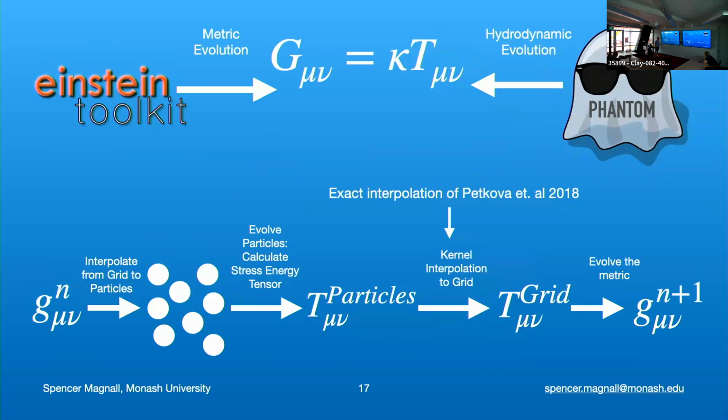In order to do this, I need to get some metric quantities, in this case the metrics themselves and the metric derivatives, onto the particles in Phantom. So I do this by interpolating, and then after the interpolation we can evolve the equations of hydrodynamics in Phantom, and then finally we can calculate a stress energy tensor, and then interpolate these quantities back to the numerical relativity code and evolve our metric.